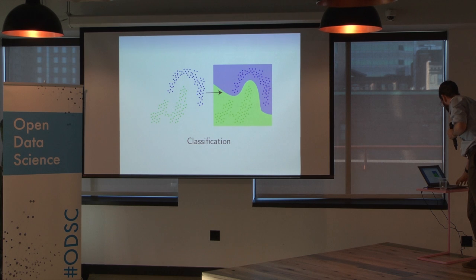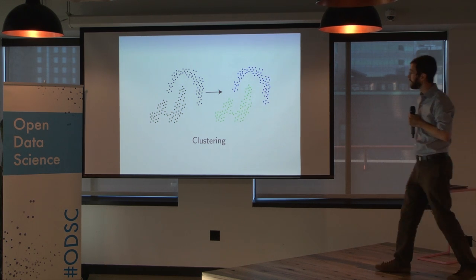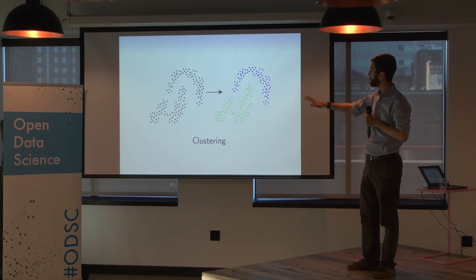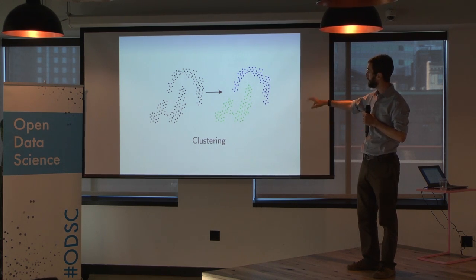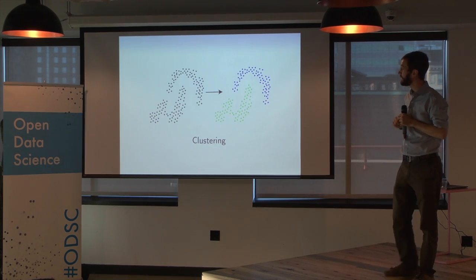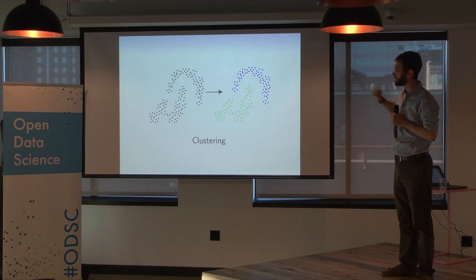And then finally, there's the clustering problem, which is the one I like the most. There are obviously other problems, but here, given some data points, we actually want to pick what the two classes are. So in this case, we start off with all the points unlabeled, they're all black, and then we decide that some of them should be blue and some of them should be green.